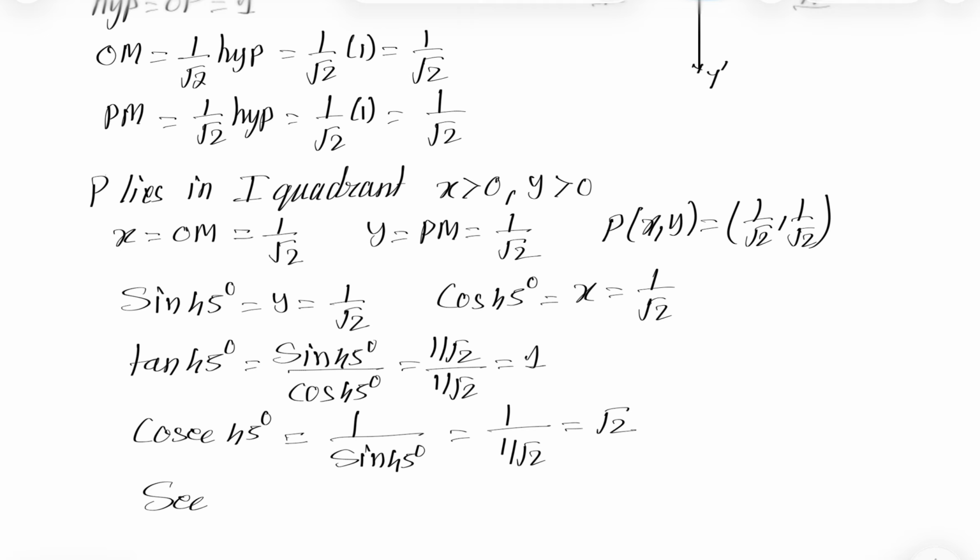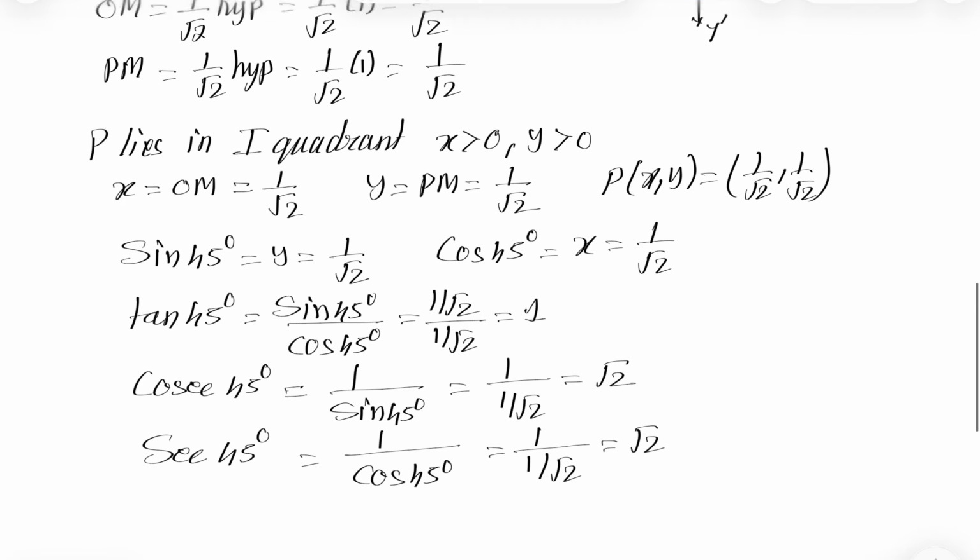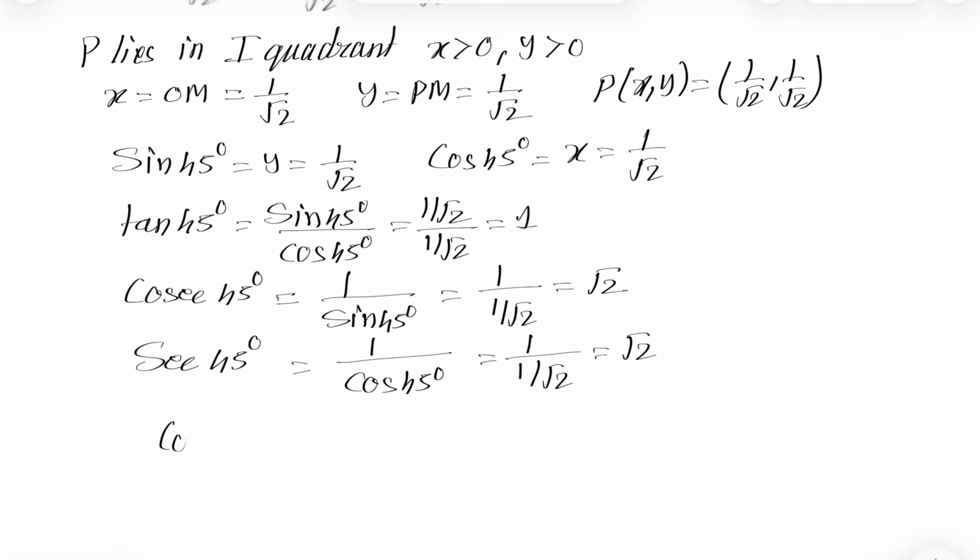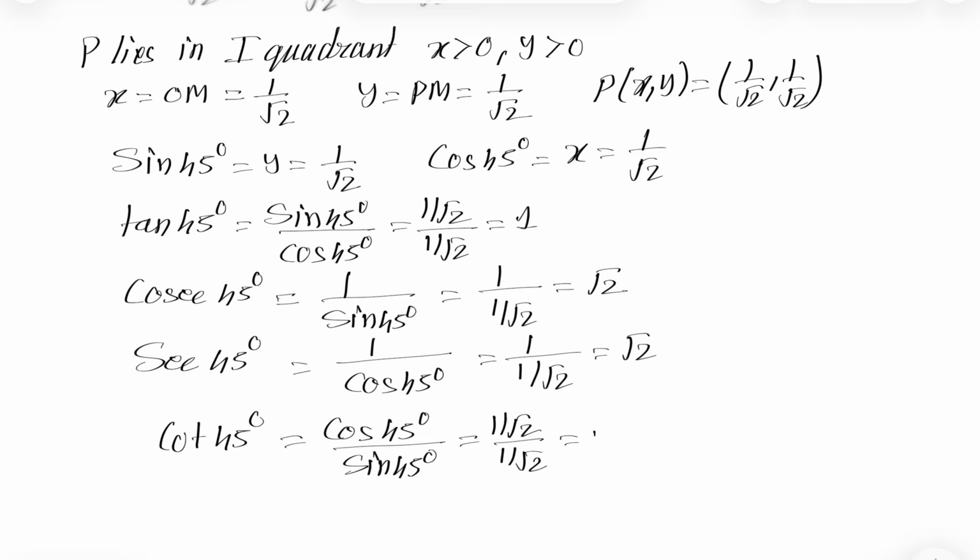Secant 45 degrees, that is 1 upon cos 45 degrees, that is equal to 1 upon 1 upon root 2, that is equal to root 2. Now cot 45 degrees, that is equal to cos 45 degrees upon sine 45 degrees, that is equal to 1 upon root 2 by 1 upon root 2, that is equal to 1.